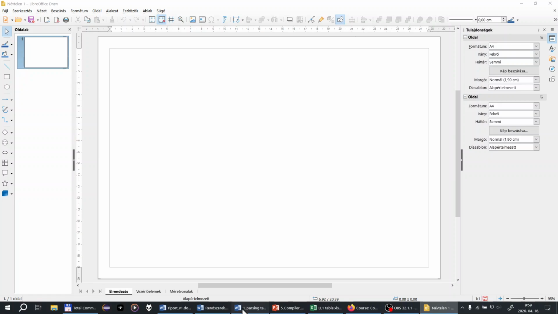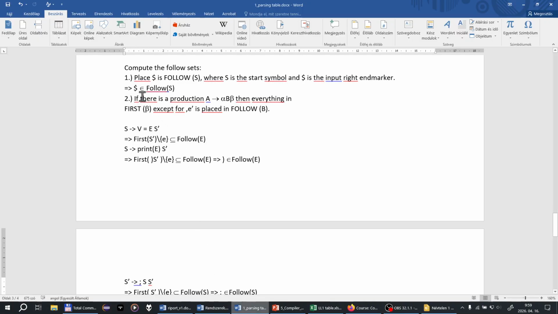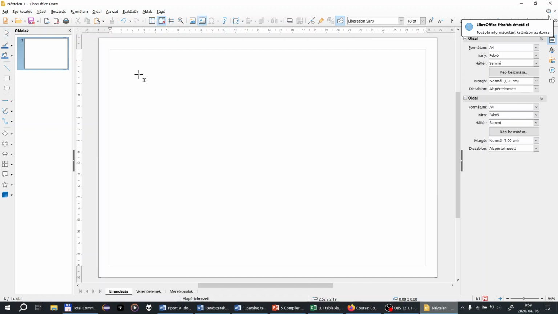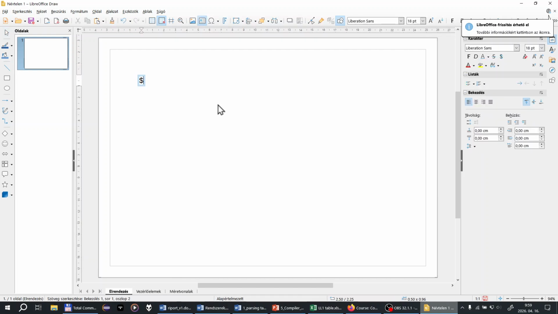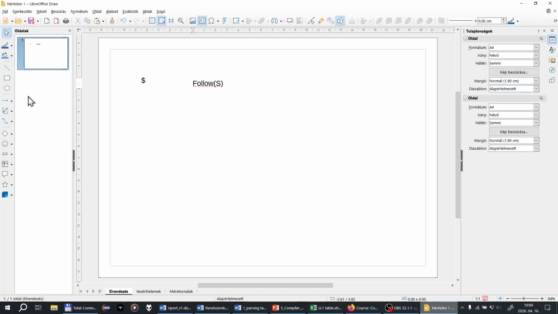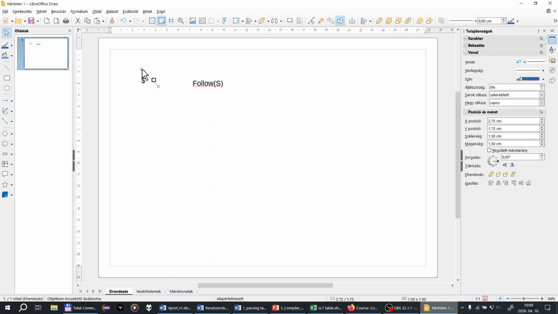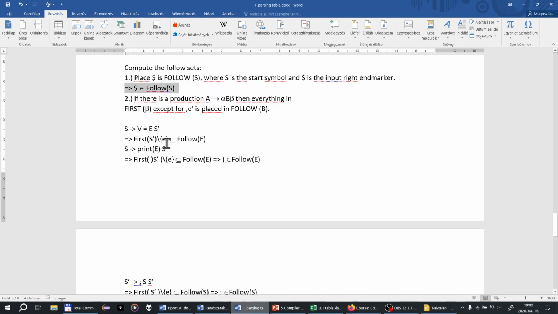Okay. Let's see. So we have a dollar sign, which is an element of follow S. Okay, and then which one is the next one?